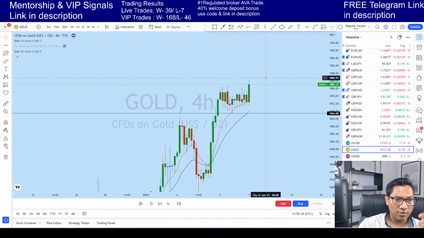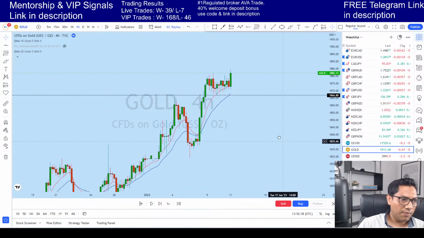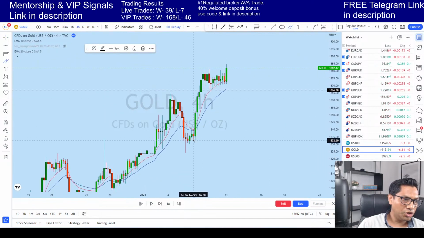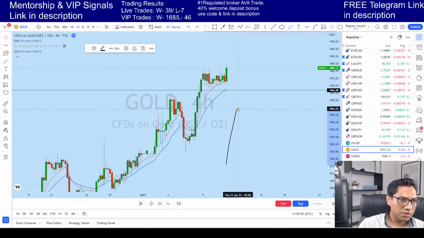Now I was trapped here also. This is also a big manipulation on gold. When you see a market with a strong bullish impulse followed by a big consolidation, after this big impulse the price was consolidating in this area.